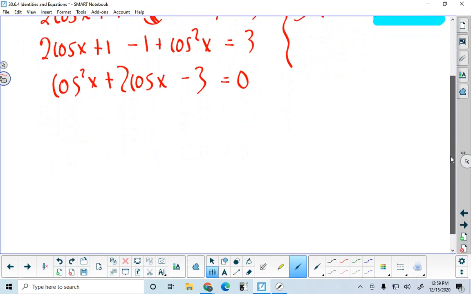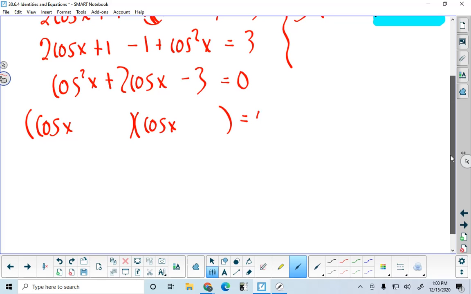All right, so now we've turned it into a beginning of chapter 5 question, but this can be factored. What two numbers multiply to give negative 3, and add to give positive 2?